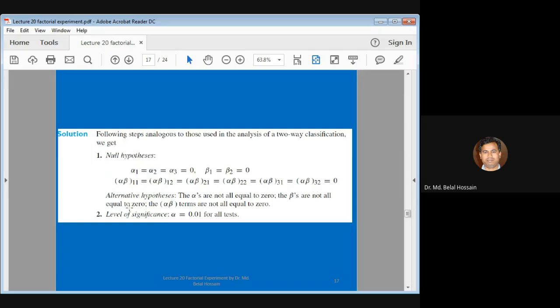The alternative hypothesis is that the alphas are not all 0, the betas are not all 0, and the alpha beta interactions are not all equal to 0. The level of significance is 0.01.